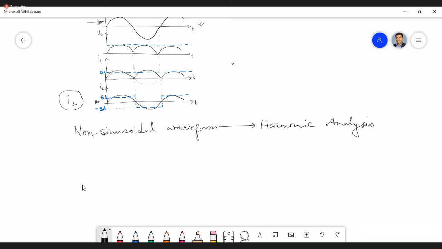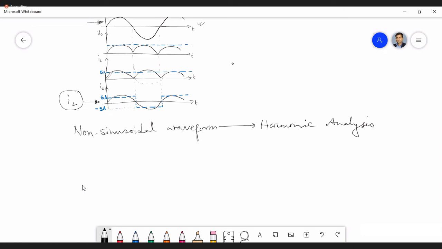For the fundamental we can use the existing mathematics, for the third harmonic we can do so, for the fifth harmonic we can do so. That is up to us, up to which harmonics we should consider. Clear?